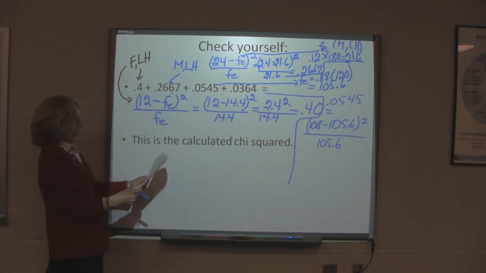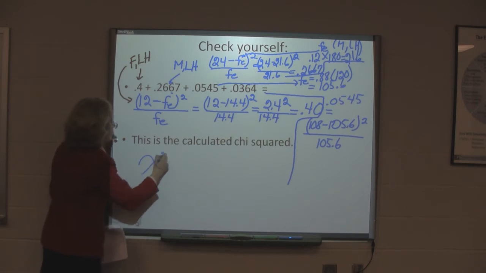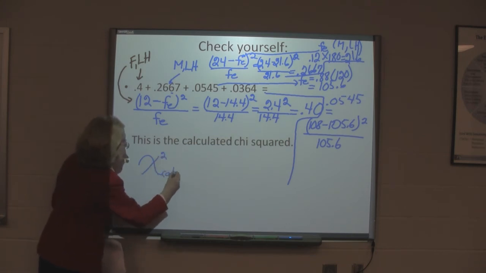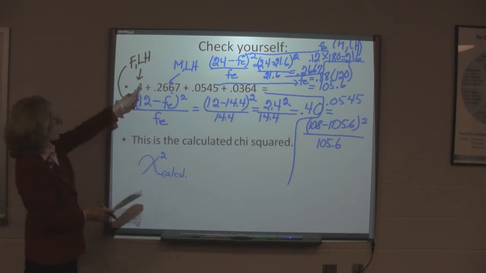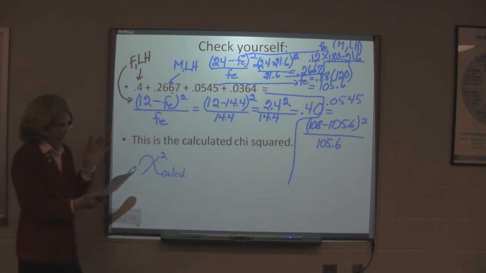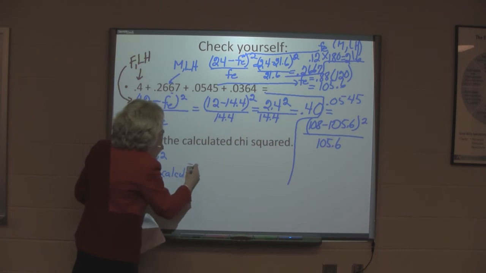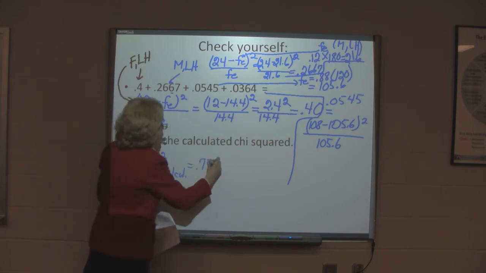When you add them together, the chi-square calculated is the sum of these 4 numbers. And that comes out to be 0.7576.